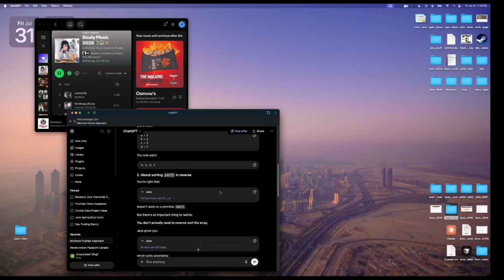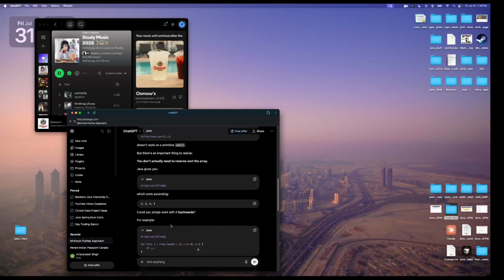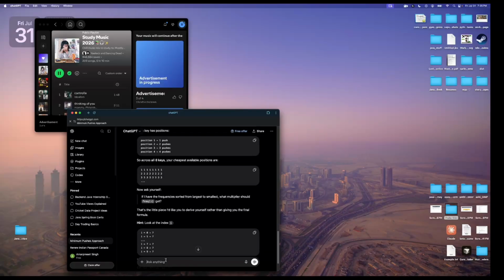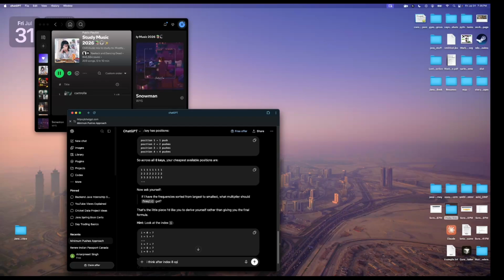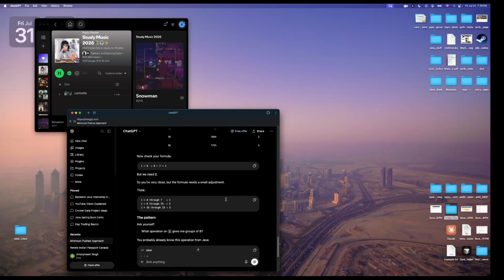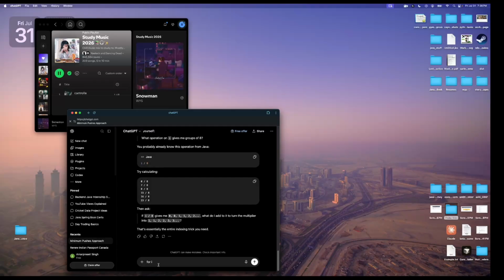Okay, but yes, we could work it backwards. I think after index 8 or index 9 the multiplier should be I minus 8. Isn't it better to sort the array in reverse first?